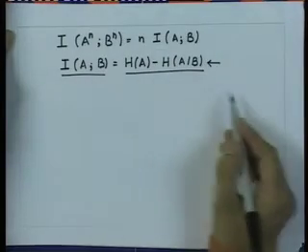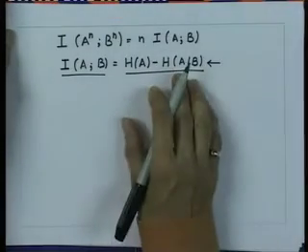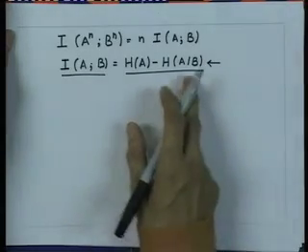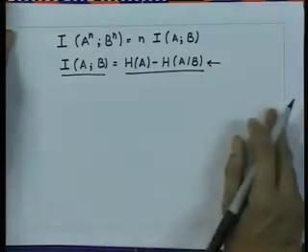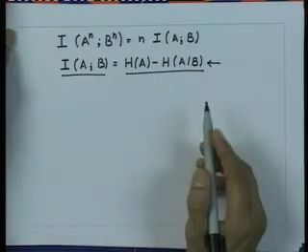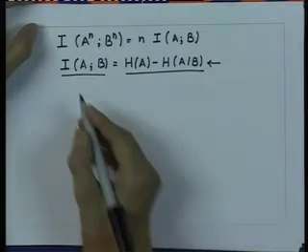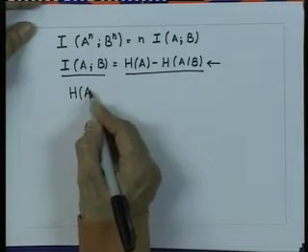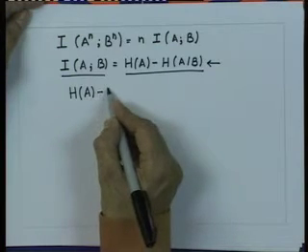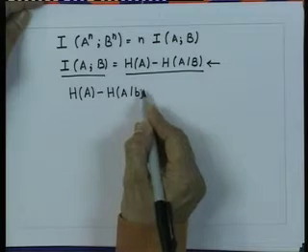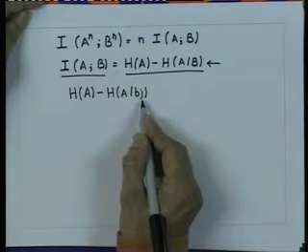shown by this expression. Now, an immediate question that arises is: what about the sign of H(A) minus H(A given B)? Can mutual information be negative? We have seen yesterday with the help of an example that H(A) minus H(A given B_j) may be negative.